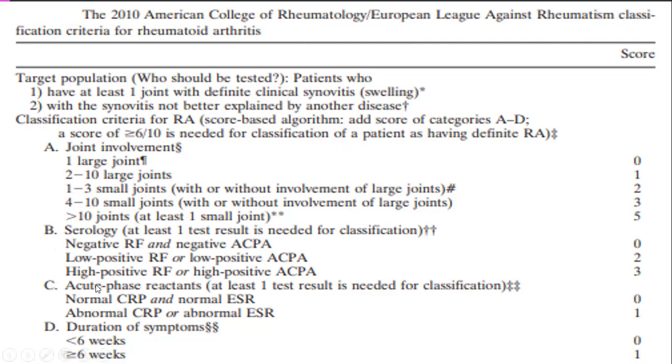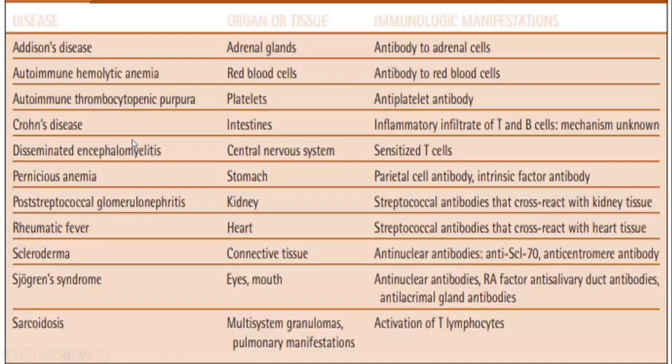Then acute phase reactants, CRP and ESR, which are normally elevated in RA. And the duration of symptoms: acute if less than 6 weeks, chronic if 6 weeks or more. We add all this up, and a score of 6 or more is needed for classification of a patient as having definite rheumatoid arthritis.